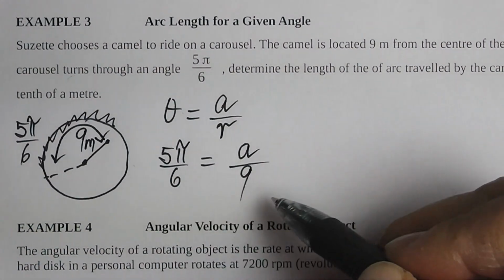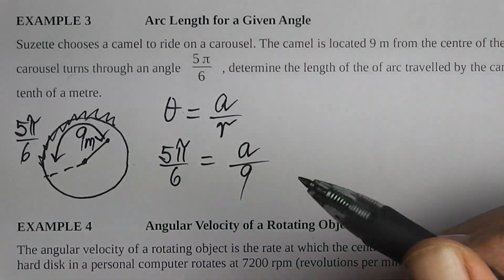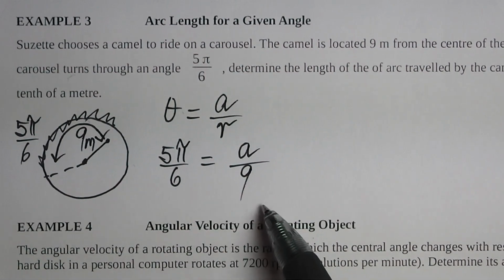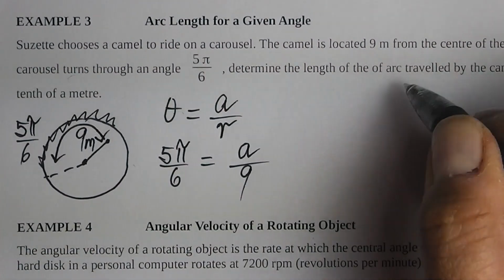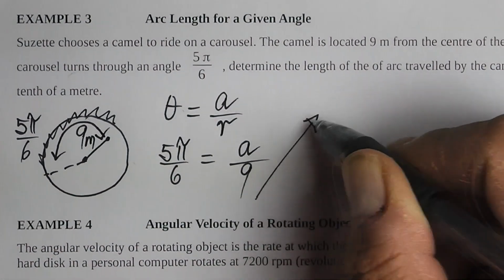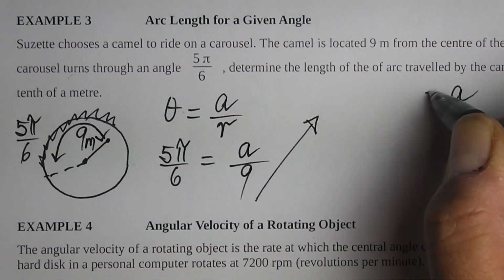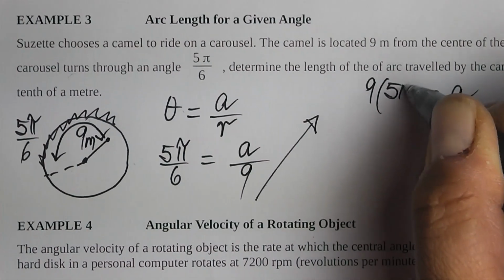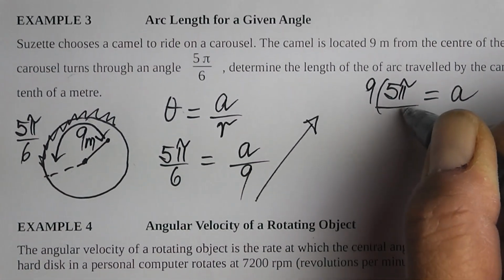So that gives us a nice linear equation for us to solve. So in order to solve for a, I just have to multiply this side by 9. So that's going to give me a on the right side is equal to 9 times 5 pi over 6.